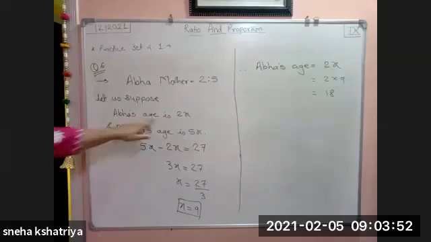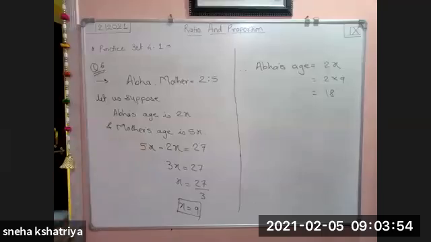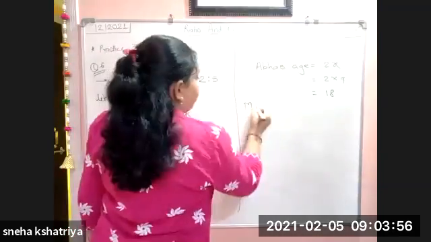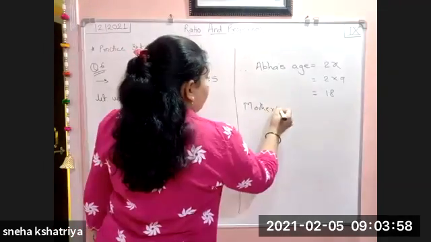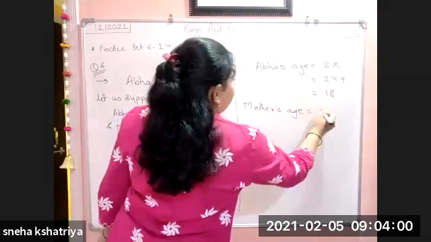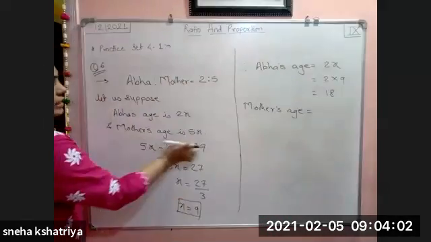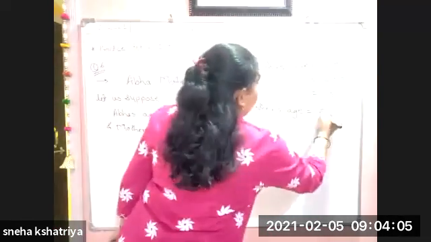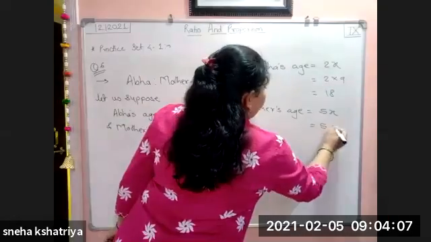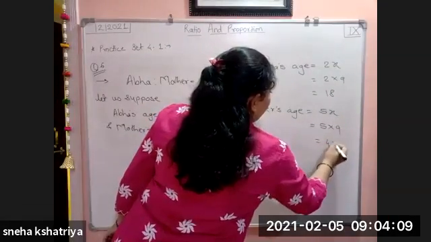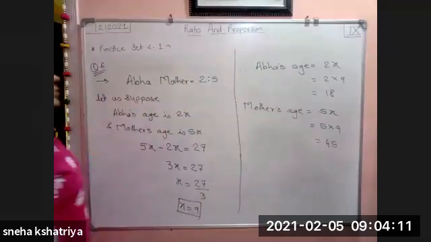So Abha's age is 18. Mother's age is 5x, which is 5 into 9, equal to 45.